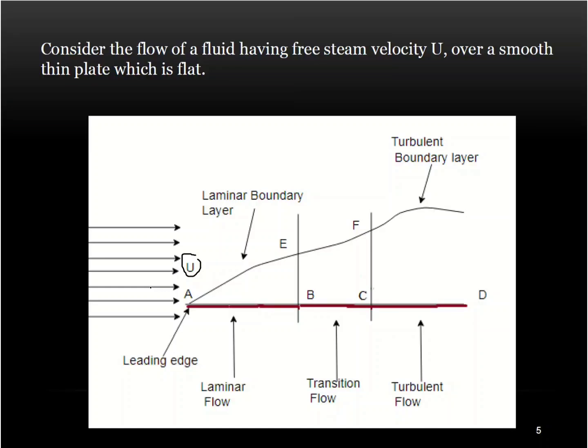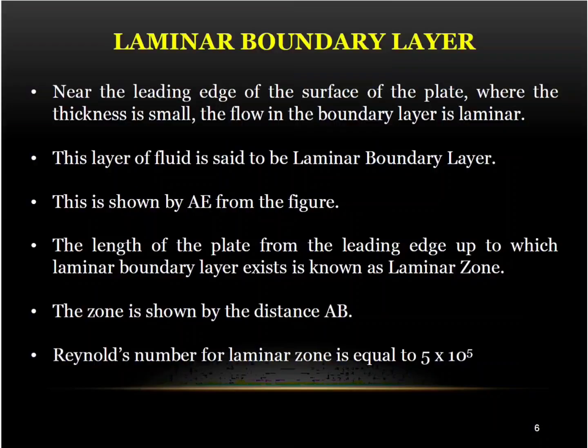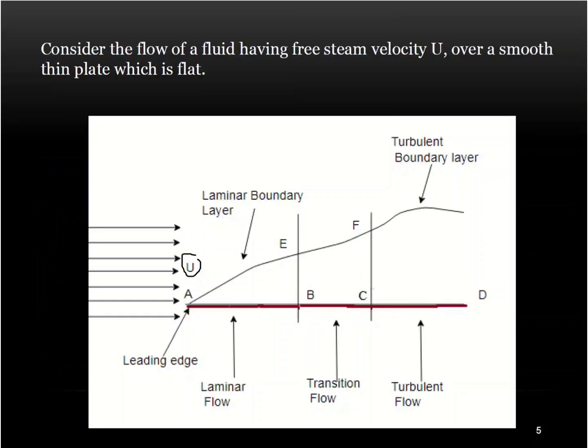So we will see what happens once this fluid of velocity u is flowing on this flat plate. If you see near the leading edge, at the beginning, the formation of the boundary layer thickness is very small, because initially the fluid stream is coming from this side.